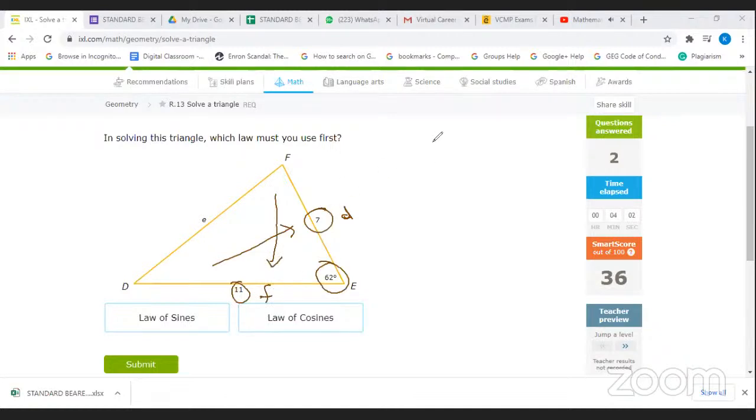So we have D, E, F here. Before you can apply sine, they must have given you D and d, or E and e, or F and f, and they have not given us like that. They have given us f, d and big E here. So it means we are still using cosine rule.